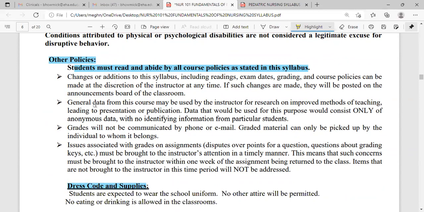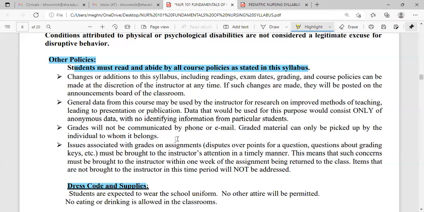Here are the policies. I like to request that you read them carefully before signing. General data from this course may be used by the instructor for research on improving methods of learning. Grades will not be communicated by phone or email.